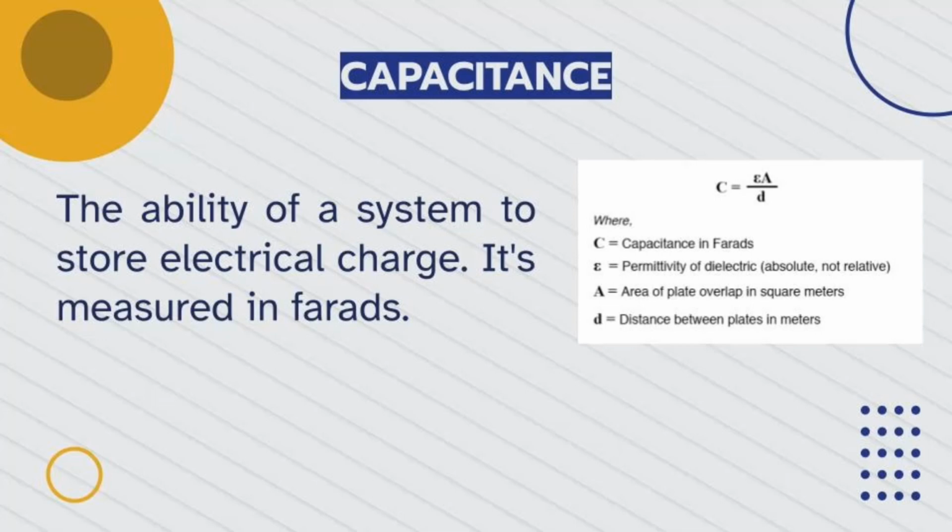When a voltage is applied across the plates, electrons accumulate on one plate creating a negative charge, while the other plate becomes positively charged. This creates an electric field between the plates, storing energy in the electric field. The amount of charge stored per unit voltage is the capacitance, and it's influenced by the surface area of the plates and the distance between them.